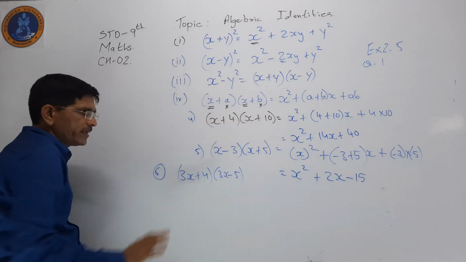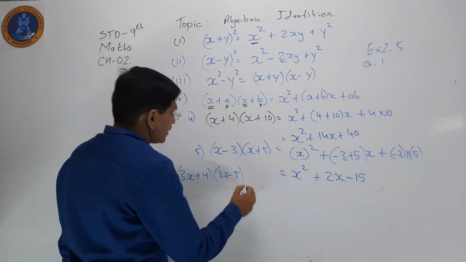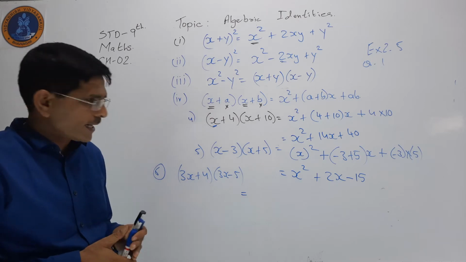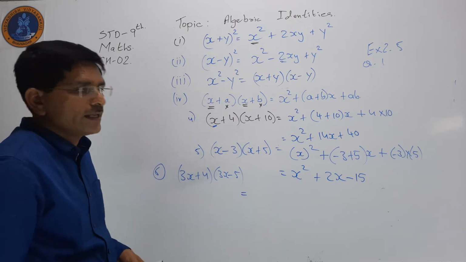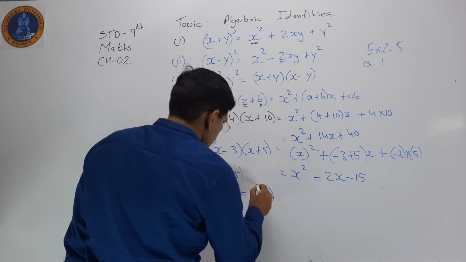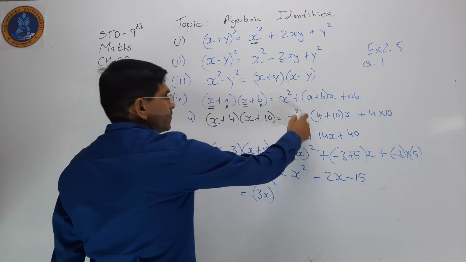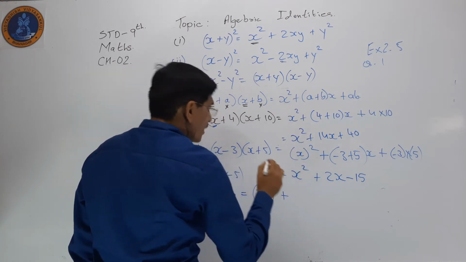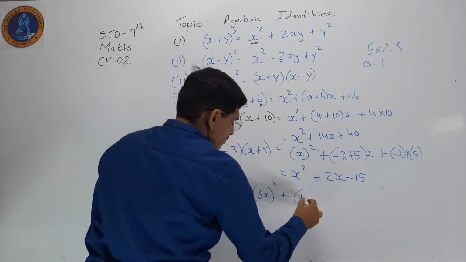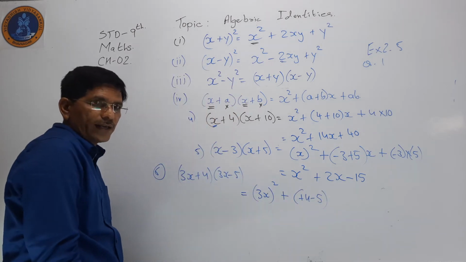One more sum here that I have to get the answer of. So again first, here instead of x, it is 3x. So what do I have to write? I have to write 3x whole square. Again the sign formula is plus, in bracket what do I have to write? Plus 4 minus 5.